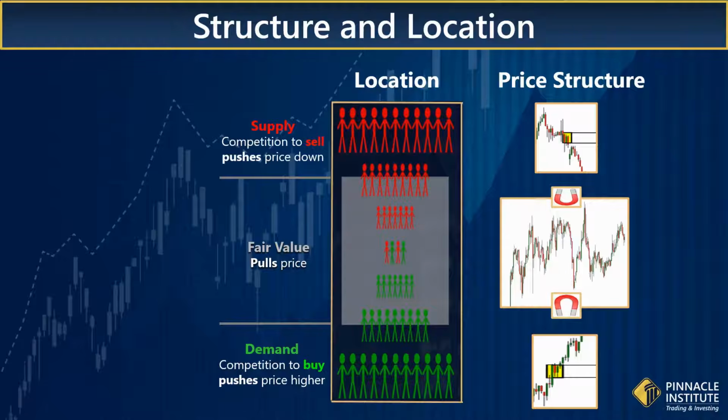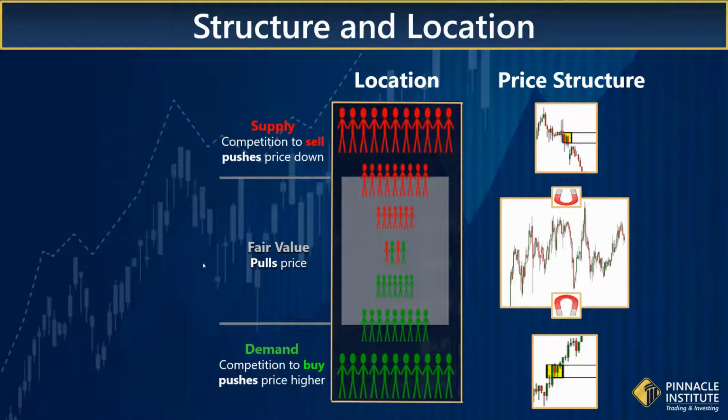But even when it shifts, that's just because maybe all of the supply at an area has been filled, and price then moves to the next supply zone with a new demand zone here, and this whole equation, this whole supply, demand, fair value just shifts higher, shifts lower. It's how every market works.